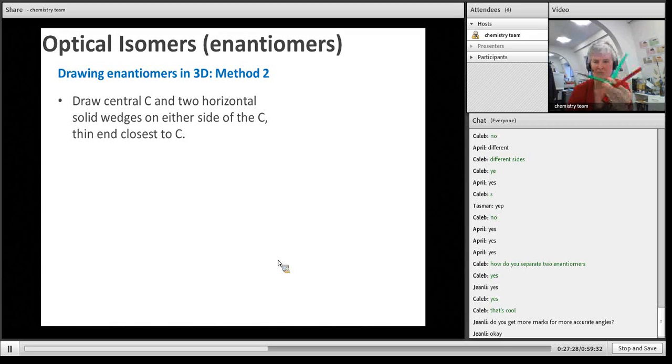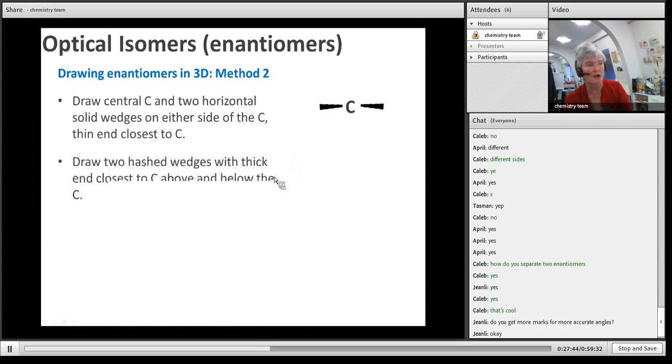So those are 2 bonds coming towards you, with a thin end by the carbon, and by perspective it's getting bigger. Then the hashed ones go away from you, with the thick ends closest to the carbon, disappearing by perspective. So that's also showing that tetrahedral shape. And then of course finally add the atoms.